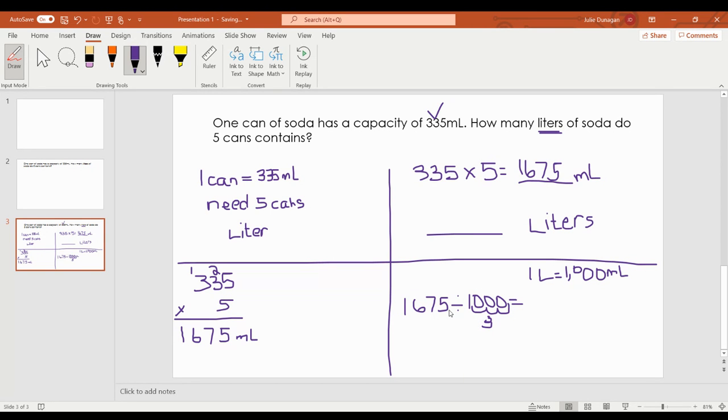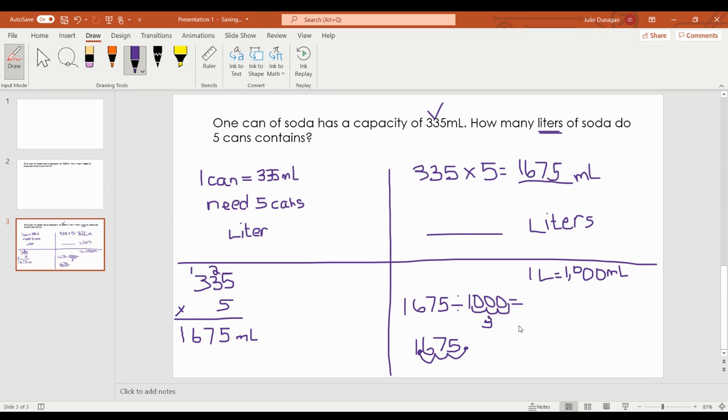Okay. We have an invisible decimal on 1,675. We know the decimal point is here, so we're going to move it 3 places to the left. Ready? 1, 2, 3.